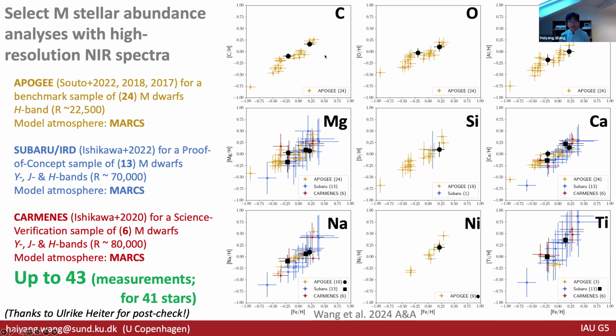So these two stars have analyses available from both surveys, and you might see that they overlap with each other, even though with relatively larger uncertainty. To clarify, there are 43 measurements, but for 41 stars.